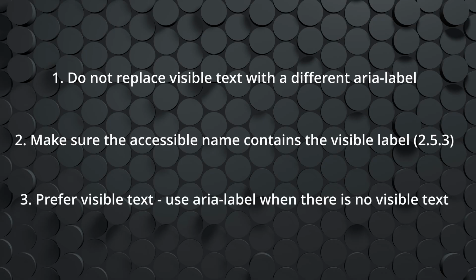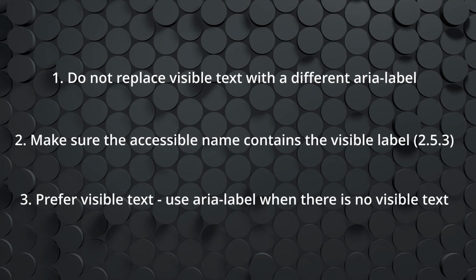Second, for label in name criterion, the accessible name must include the visible label text. Extra words after the visible string can be okay. Swapping the words for a different phrase is not. Third, prefer letting visible contents or a programmatic association to visible text provide the name. Reach for aria-label when the visible UI has no text to speak.